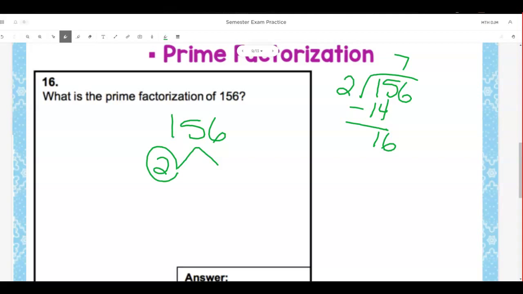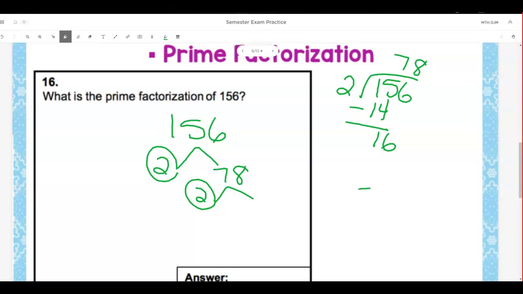Yeah, 2 times 8 is 16. So 156 divided by 2 gives me 78. Okay, still not down far enough. Still an even number. We're going to divide it by 2 again. 2, and I'm putting a circle around my prime numbers. So if it's not prime, it's not going to get a circle.